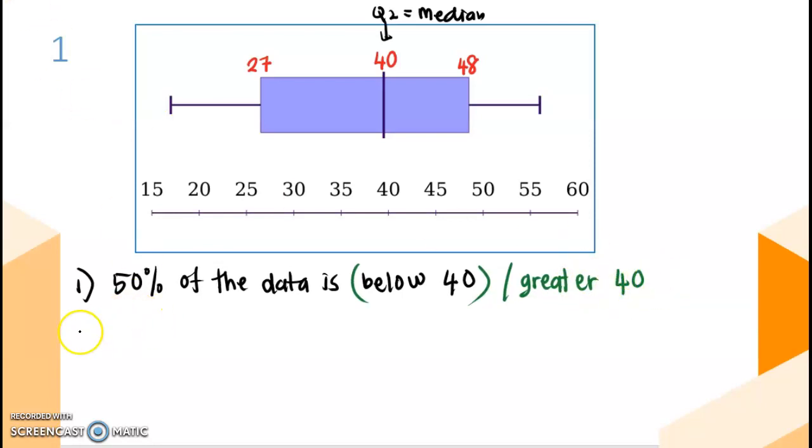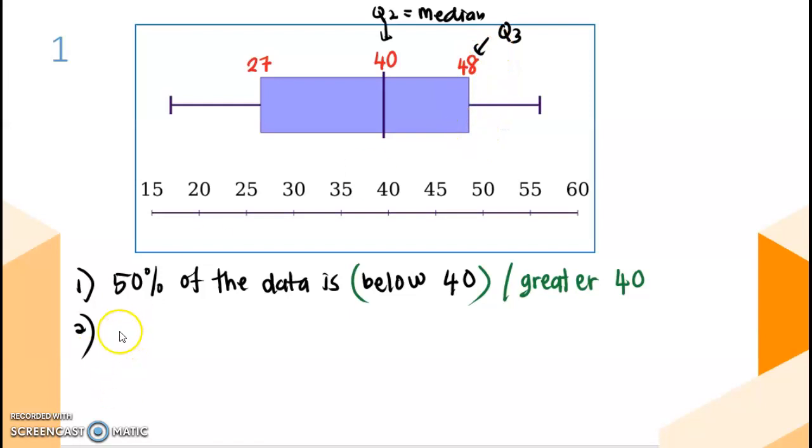Number 2, we can interpret for Q3. Q3 is equal to 3 over 4 of the data. So 3 over 4 of the data will be 75%. So we can write down Q3 75%.